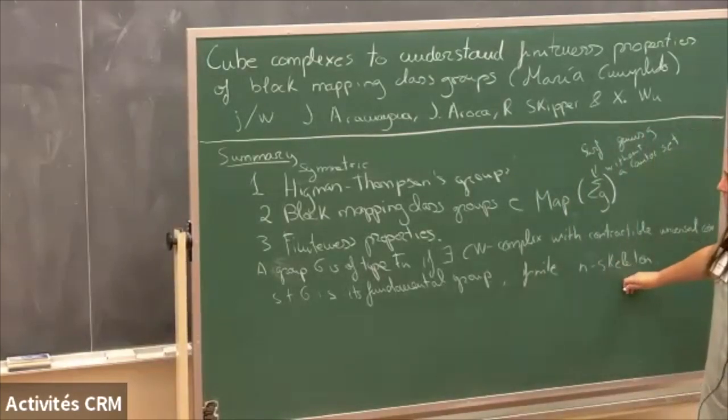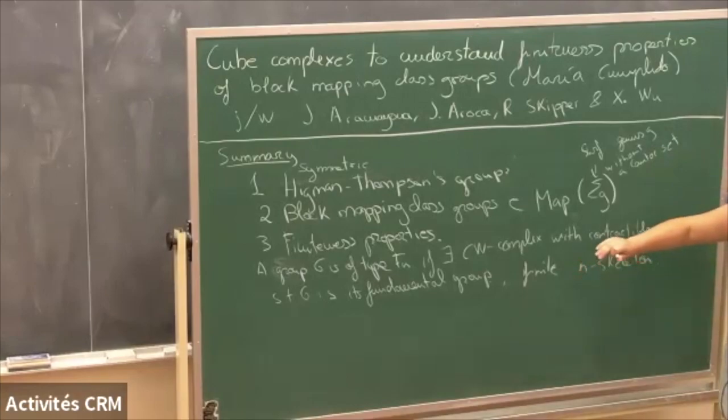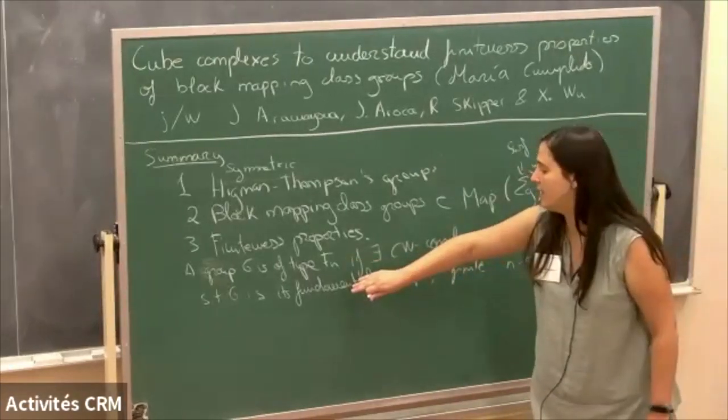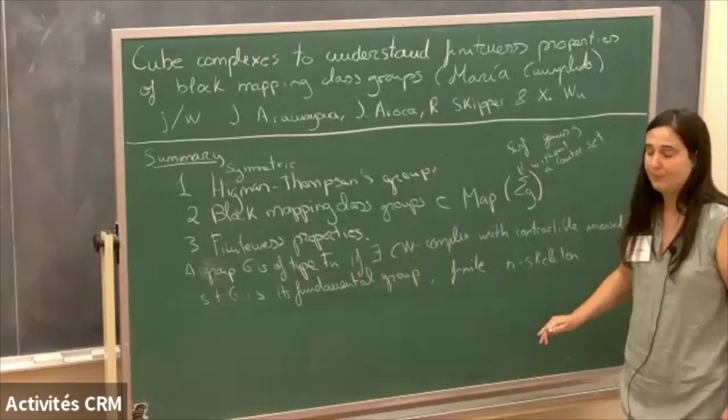And we say that the group has type F infinity if it is Fn for every n.